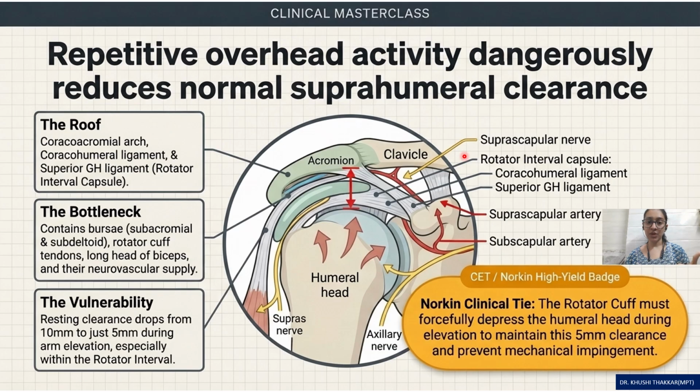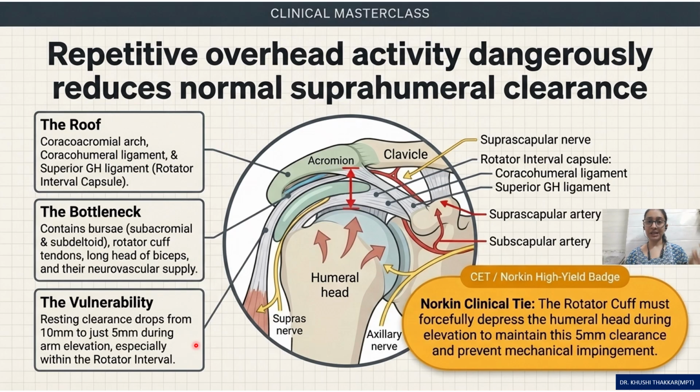The rotator interval capsule is made up of the coracohumeral ligament, the superior glenohumeral ligament, and the superior part of the capsule. All these structures are located between the supraspinatus tendon above and the subscapularis tendon below. We also have the suprascapular artery, subscapular artery, axillary nerve, and suprascapular nerve.